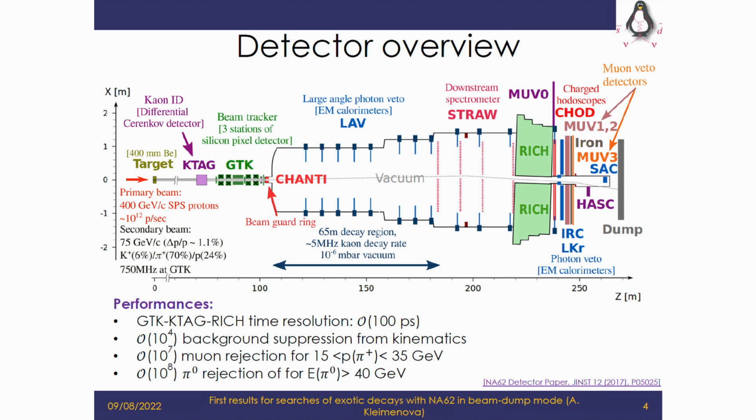It's basically a calorimeter. So to achieve our goal with pi nu nu bar, we had to achieve these performances, and in fact, we managed to do so. And this kind of performance is also good for any other search that you do in NA62, basically.